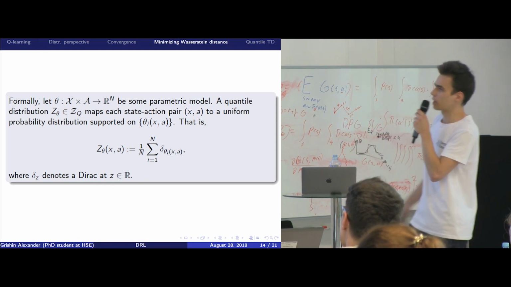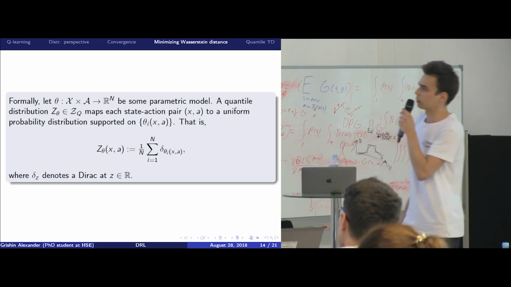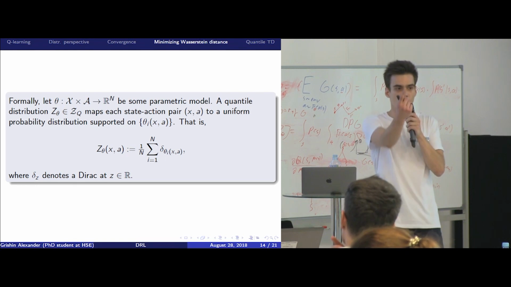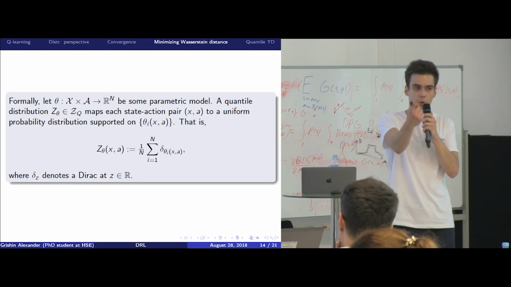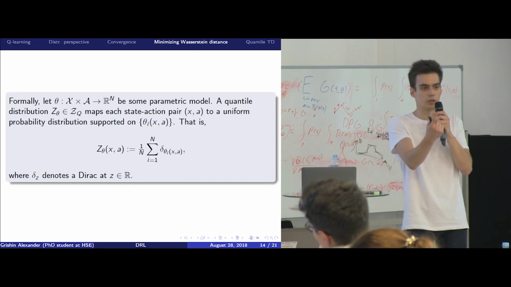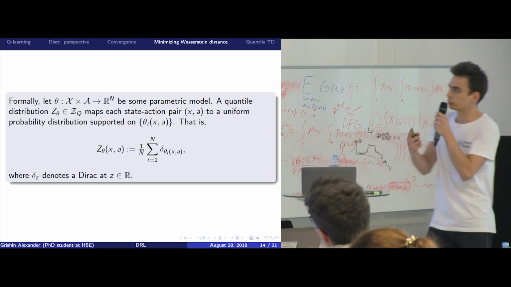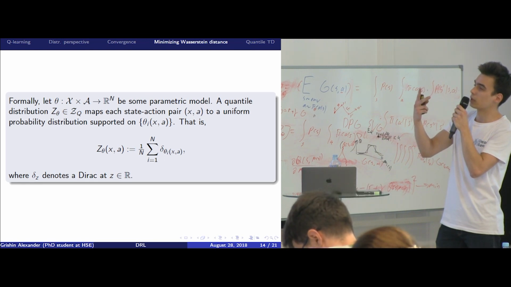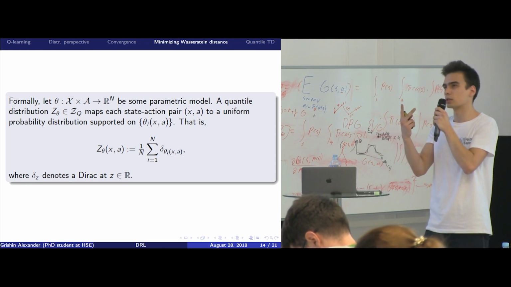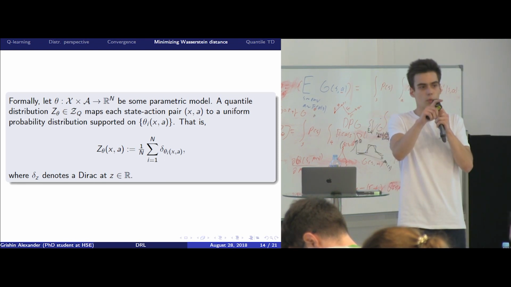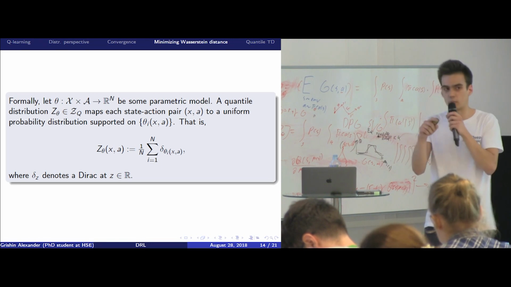So, for example, if we approximate the distribution with delta functions, I suppose not one, but two delta functions, each represents 1/2 of the probability mass.